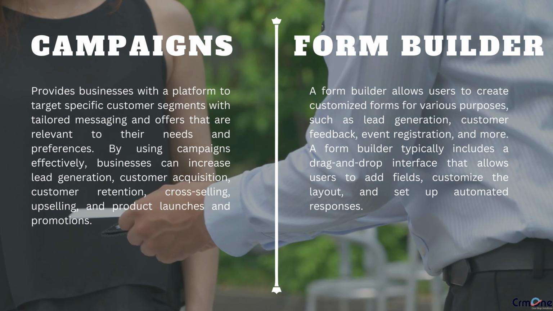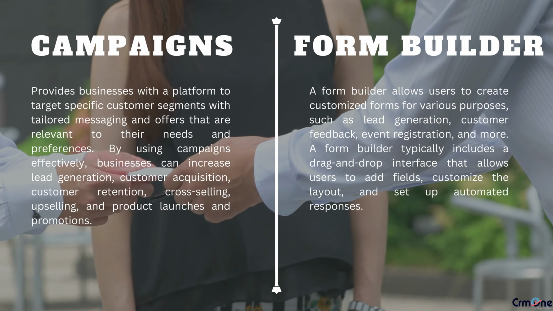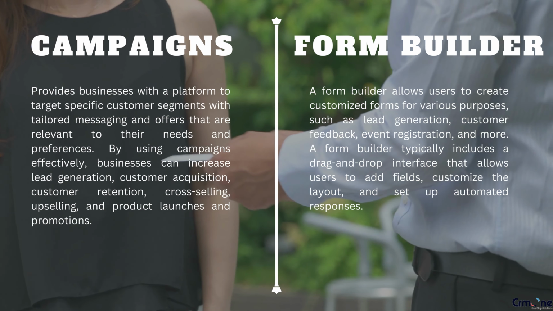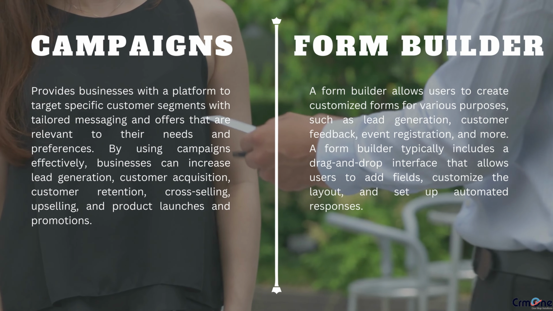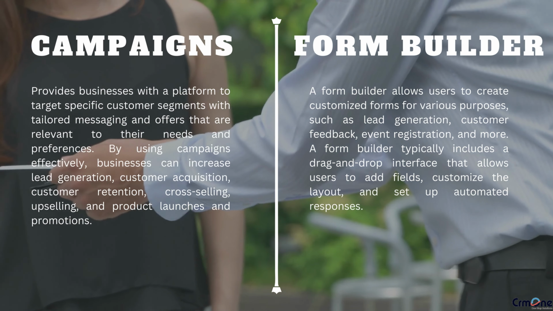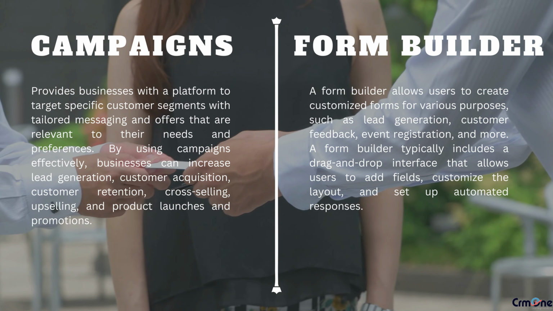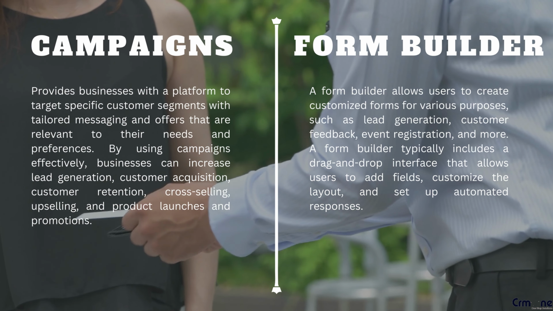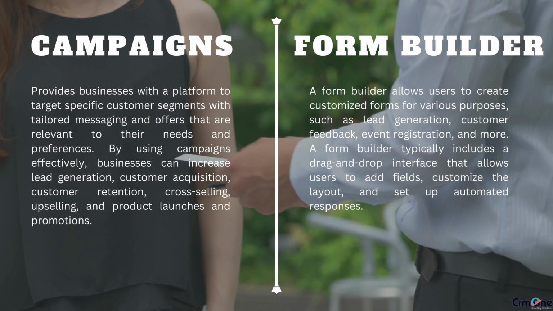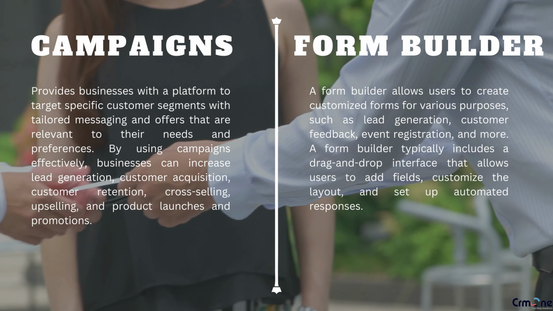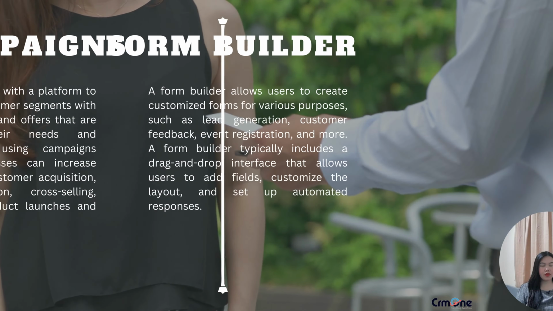Now let's move on to the form builder. A form builder allows users to create customized forms for various purposes, such as lead generation, customer feedback, event registration, and more. A form builder typically includes a drag and drop interface that allows users to add fields, customize the layout, and set up automated responses.